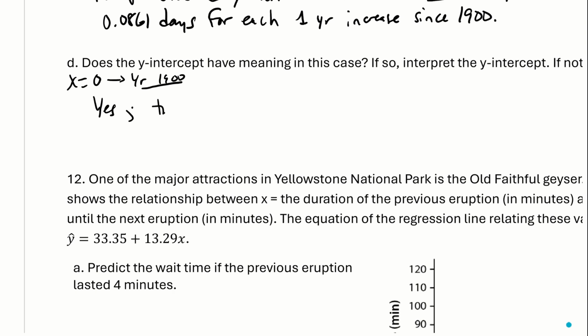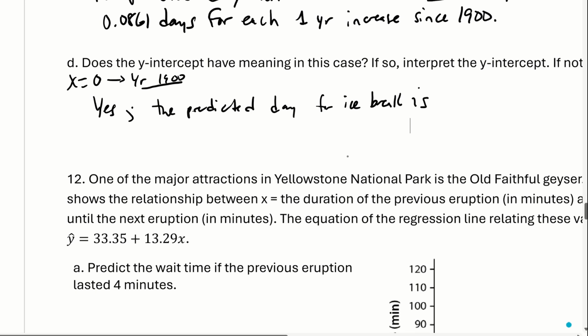What it means is that the predicted day for the ice break is, and what was the number?